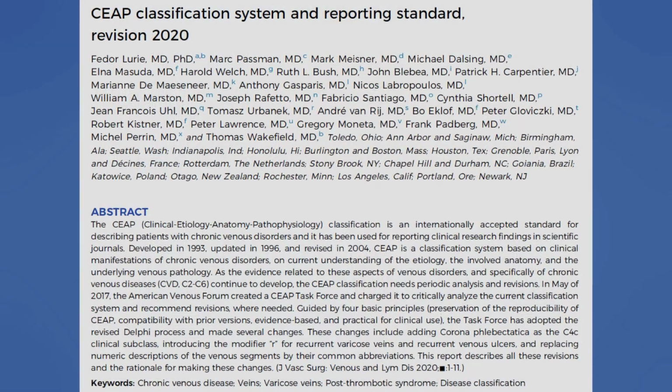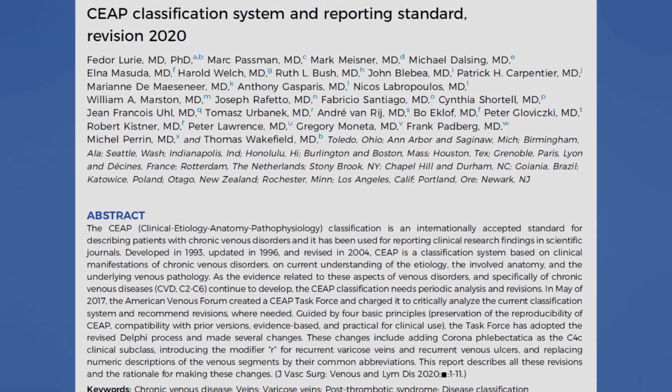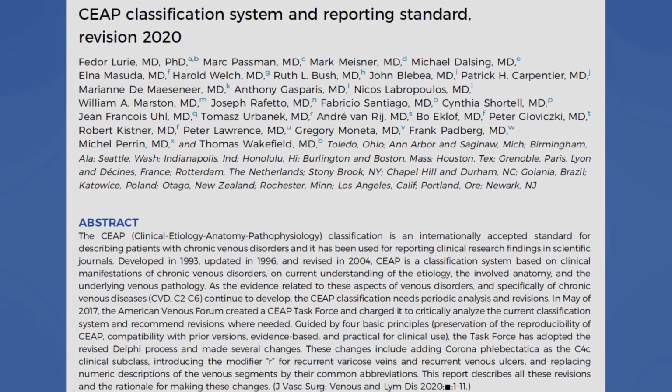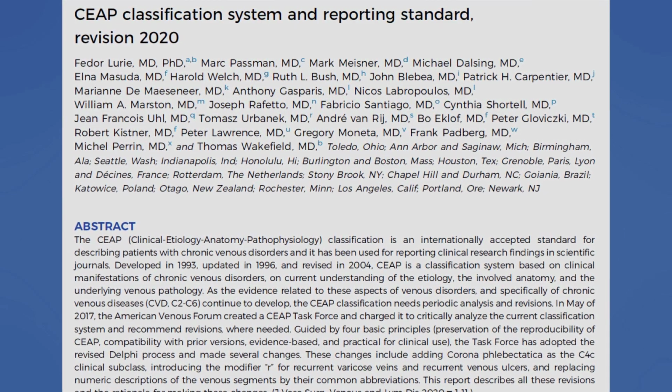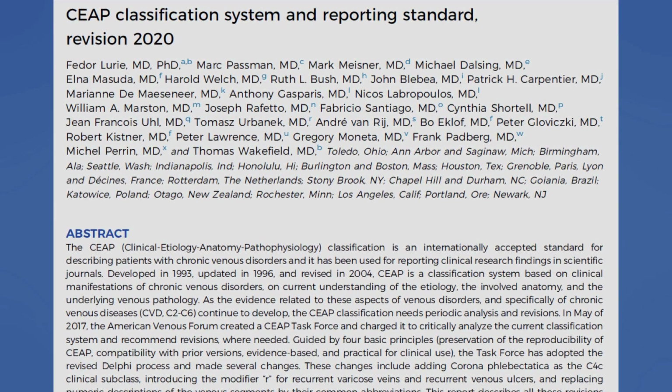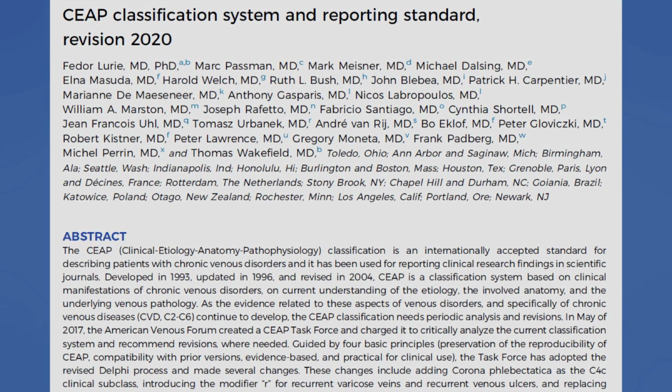The Editor's Choice article this month is the 2020 update of the CEAP classification system and reporting standards of chronic venous disease. The document was authored by Dr. Fedor Lurie and colleagues of the CEAP Task Force of the American Venous Forum.